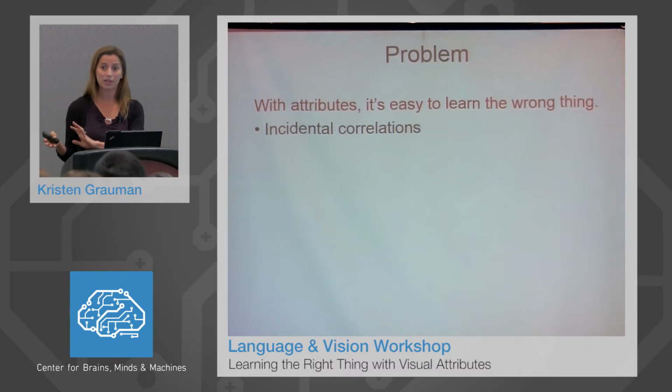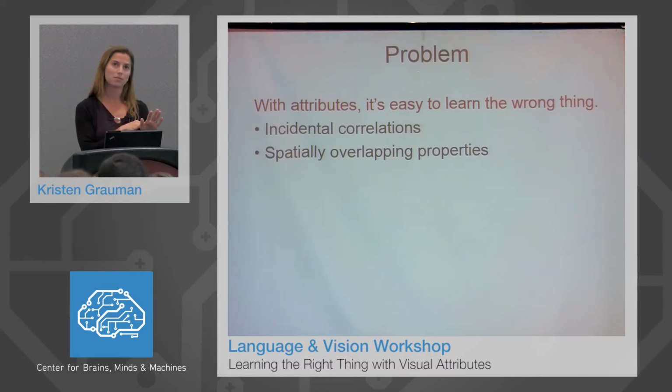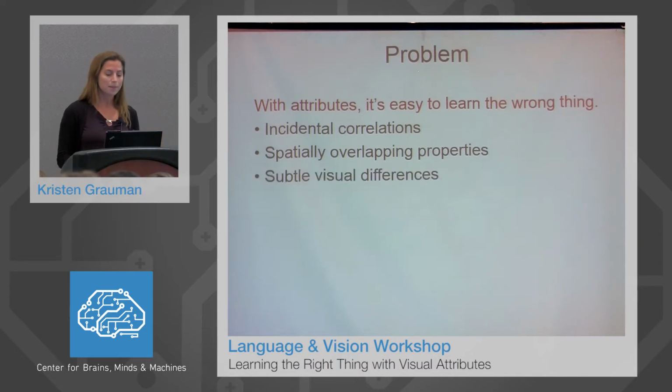So it's dangerous to try and latch on to these incidental correlations between co-occurring attributes. Second problem, they're spatially overlapping. With objects, we have some object occupying a certain set of pixels in the image. With attributes, we can easily have multiple attributes overlaid in the same set of spatial pixels. So something can be flat and also shiny and also red. These things co-occur even in space.